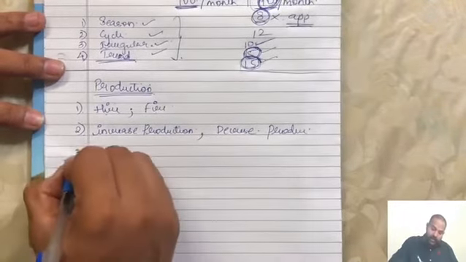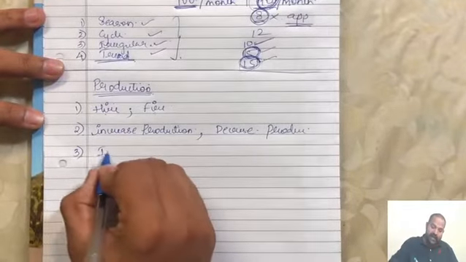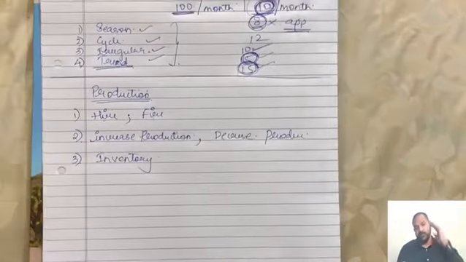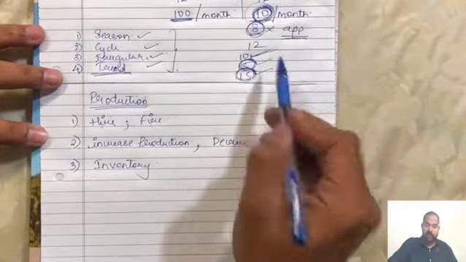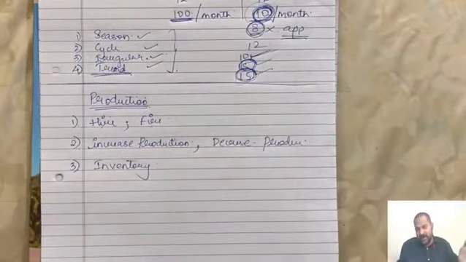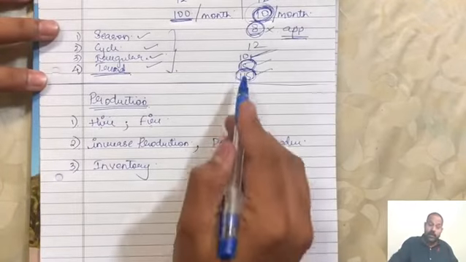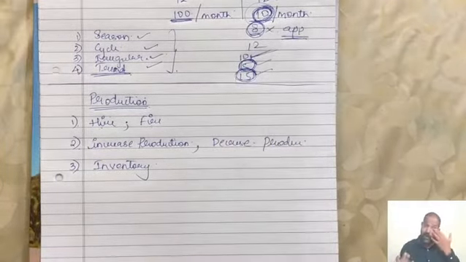And the third and the last is, I will give you an option of carrying inventory. Now, what do you mean by carrying inventory? Notice here, first month the demand was 10. So I am standard at 10. I produce 10, I sell 10, I finish it off. Now next month I have a demand of only 5. But you know what I will do?